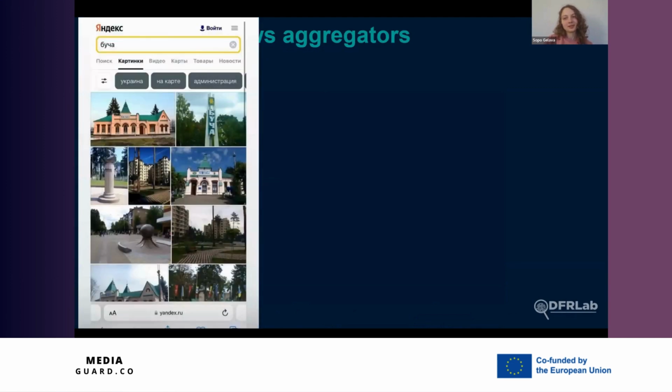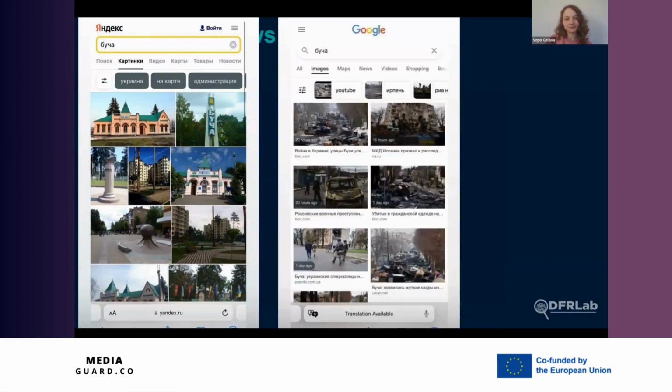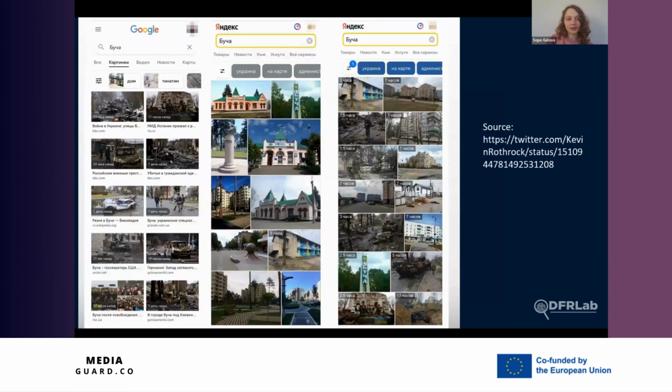Another interesting thing: if we search for Bucha, we see these very nice buildings in Yandex. In Google, we see images of war. And a very interesting thing is that Google gives us recent updates and recent images, and we see captions here showing how many hours ago the pictures were published.